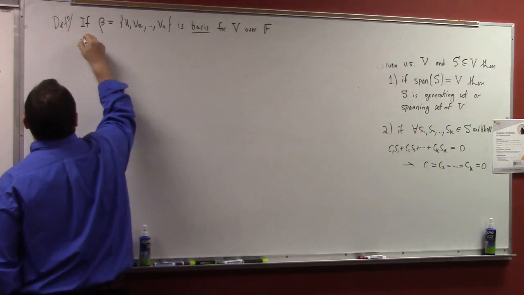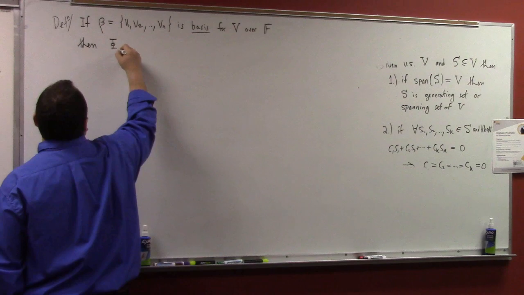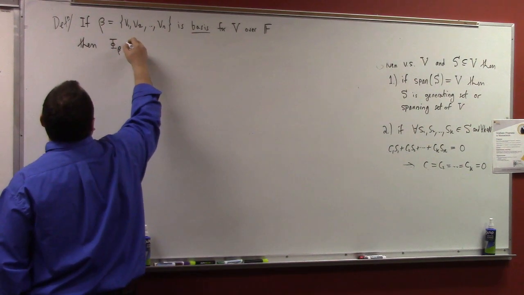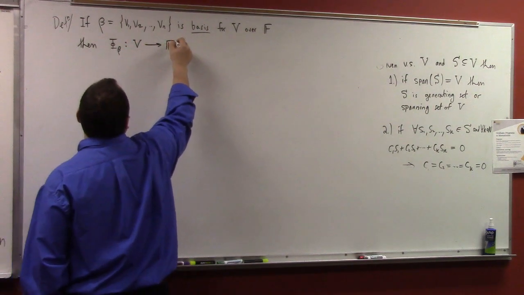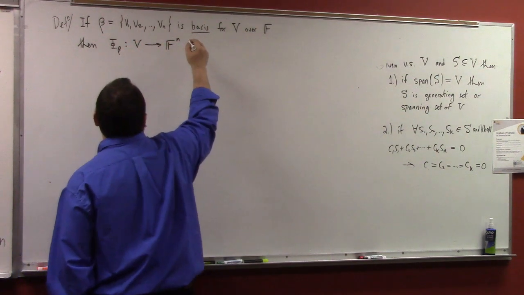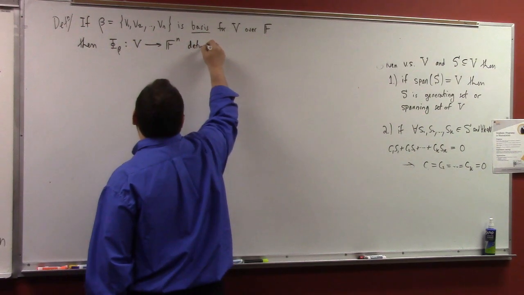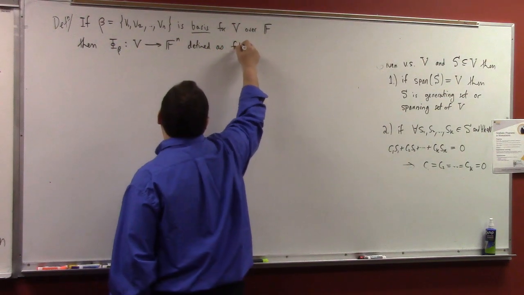Then, this is mostly my notation. I don't know if anybody else uses this notation. It's just my notation. Then phi beta is a mapping from V to Fn defined as follows.